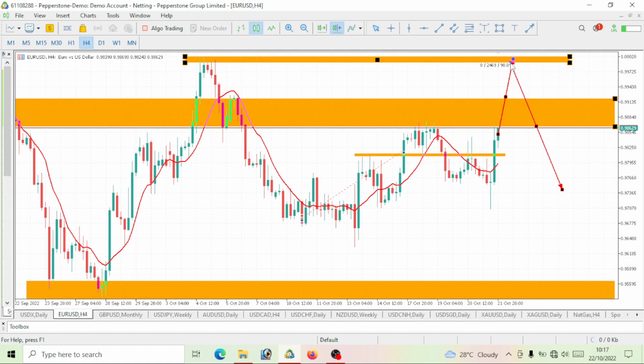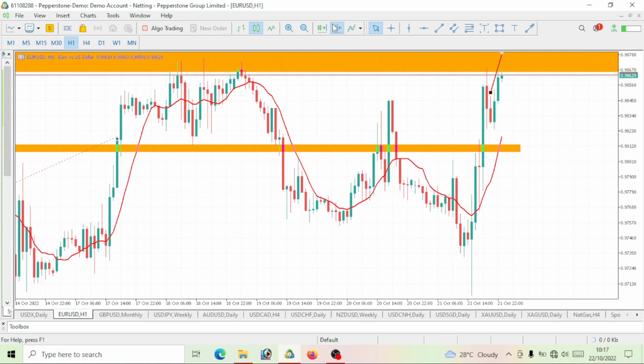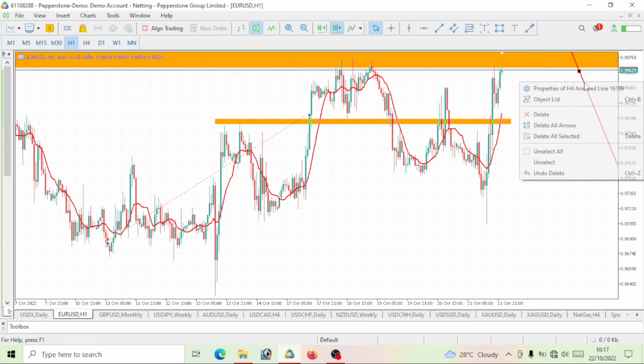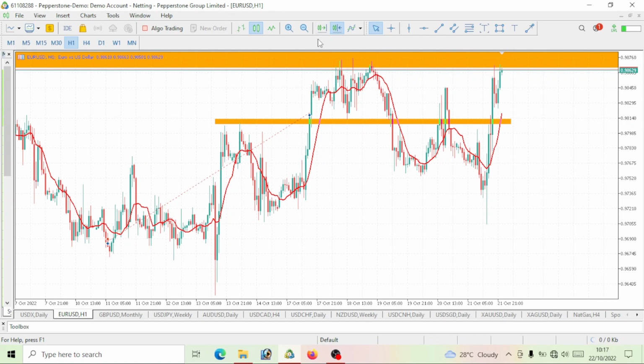In case it comes here, then we should see that bearish move on Euro USD. And maybe that is it. Our 1 hour time frame is still giving us an uptrend move, the same way our 4 hour time frame is moving, and we would be expecting the same on our 1 hour time frame.